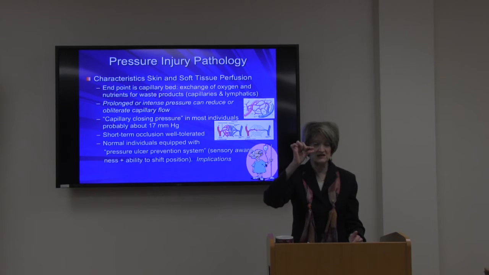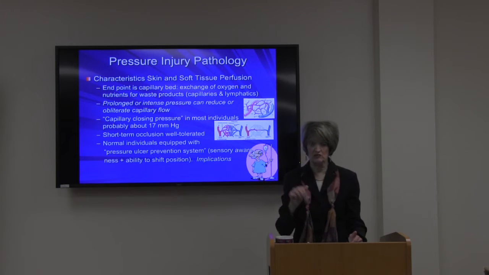But the capillary is not totally collapsed. It's partially collapsed. So you've got some blood going through, some oxygen going through, some waste products being returned, but not nearly enough. And over time, the tissues build up an oxygen debt and become increasingly ischemic.